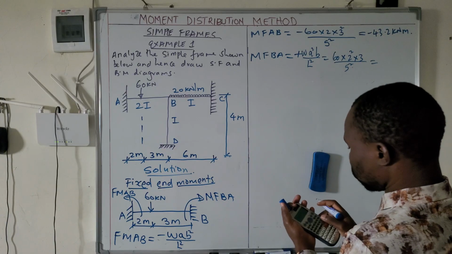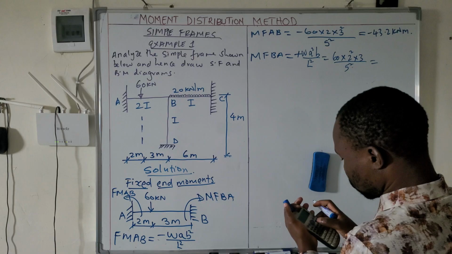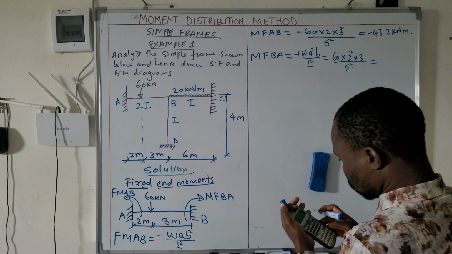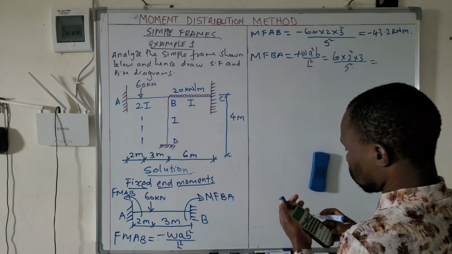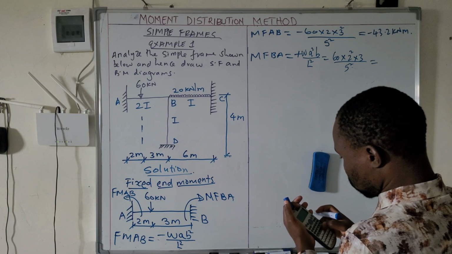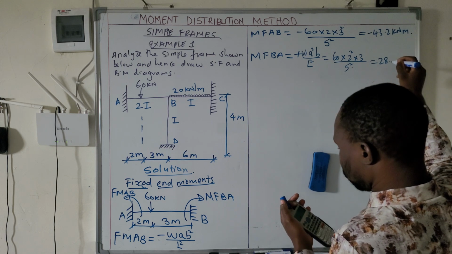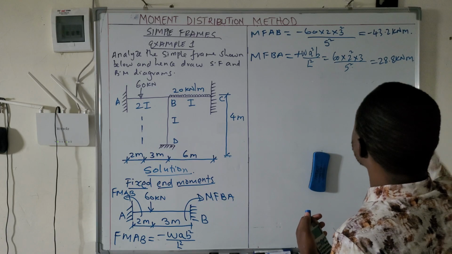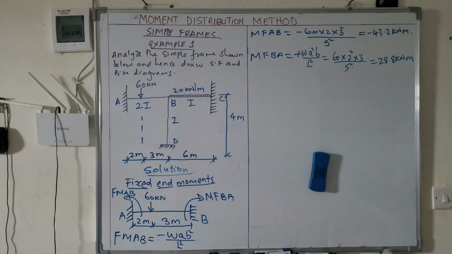So this one will give you, again you punch your calculator, 28.8 kilonewton meter. So that is fixing moment BA.